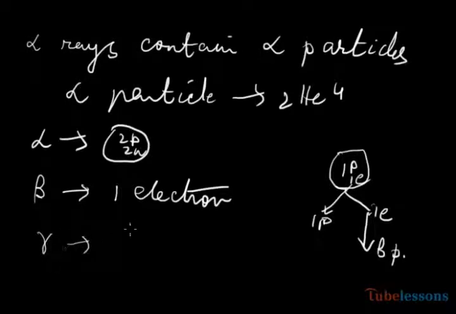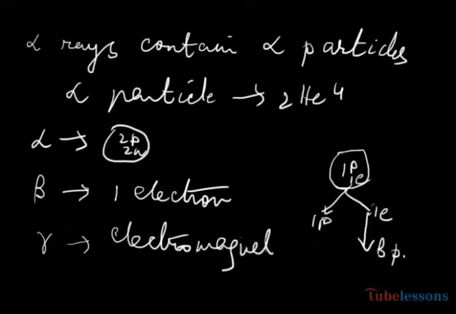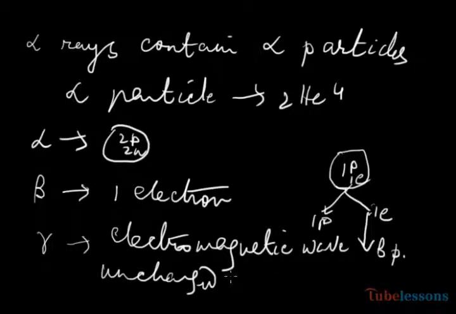Gamma rays are one kind of electromagnetic wave. It does not contain any massive particle. It is chargeless, uncharged, and moves as fast as light. It can penetrate opaque substances. Its penetrating power is maximum.